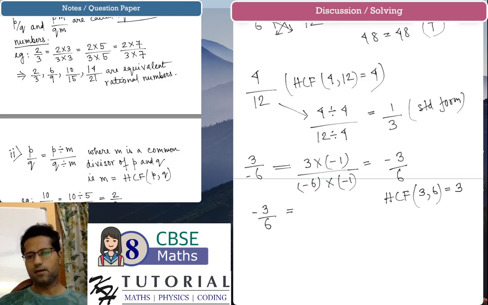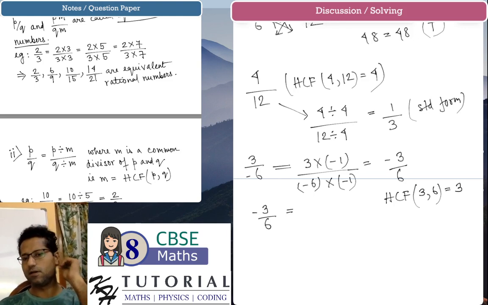So we can convert this rational number into an equivalent rational number by dividing both the numerator and the denominator by 3.